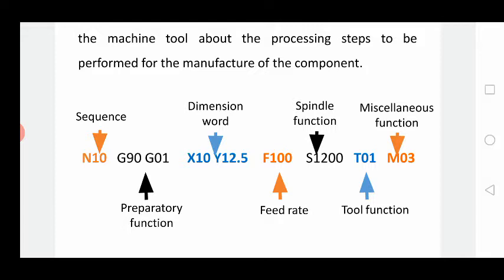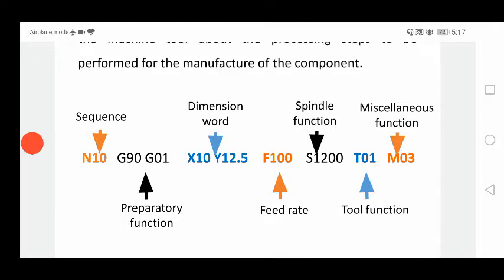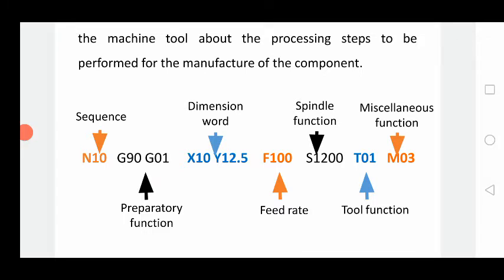Next comes X and Y, which are nothing but the dimensions we give. Next comes F, that is feed rate. Here F100 means a feed rate of 100 has been given. Next, the spindle function, that is the speed of the spindle, at what rpm it has to rotate, S1200 here. Next comes the tool function, which tool has to be selected, T01, 02, 03.